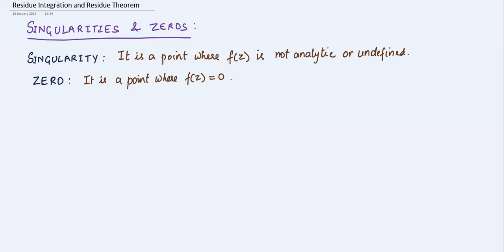It is the value of z. It is not the value of the function. So let's say at z equal to 2 plus 2i, function value becomes 0. Then 2 plus 2i will be called a zero.